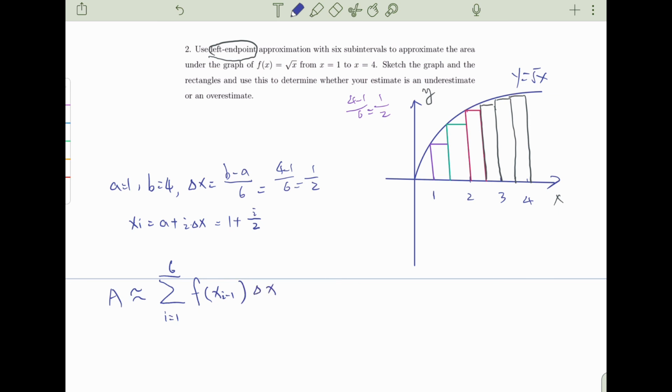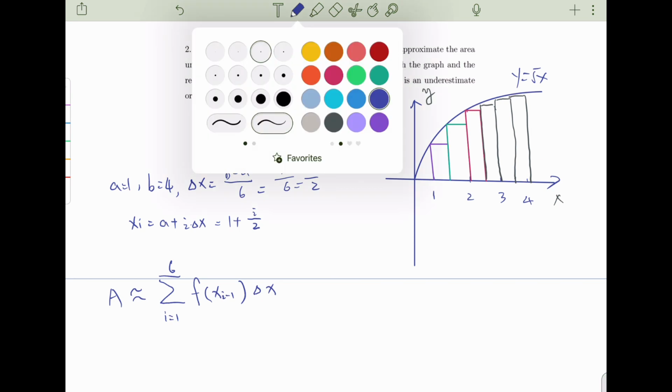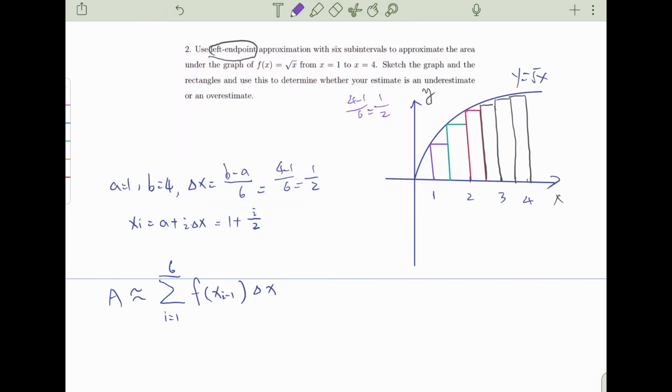I'm using i minus 1 because I'm using the left endpoint, and it does not have to be i minus 1. If you let the index start from 0, then you can write this as f of x_i. So it has something to do with the way you write the index. If you write sigma i from 0 to 5, then it's f of x_i instead of x_(i minus 1).